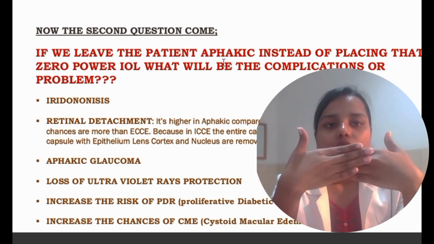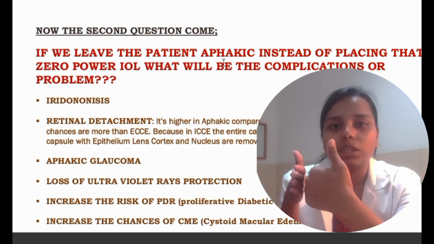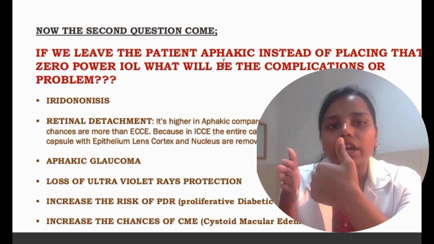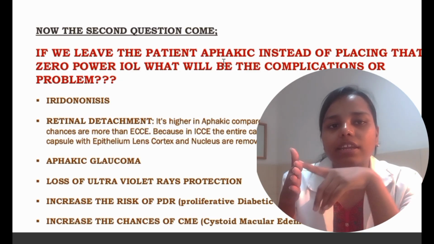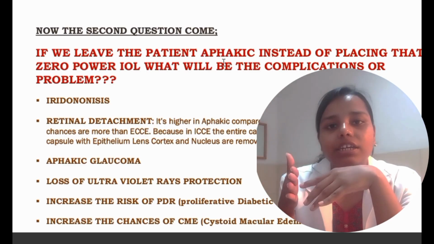So here there will be no anterior chamber support, right? There will be nothing to support the aqueous humor here. So the iris doesn't have any support here. The iris is like a curtain, like whatever curtain we have in our house. Iris is like that, right?